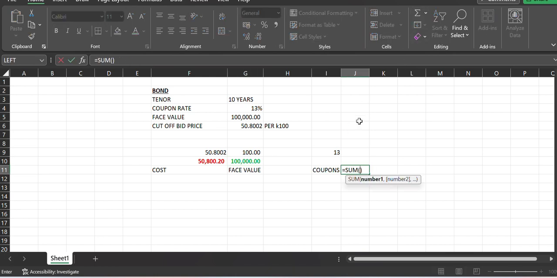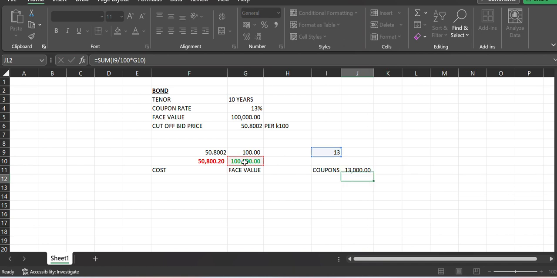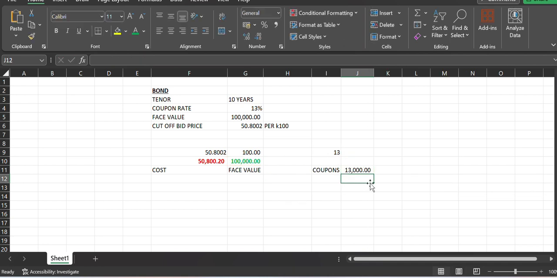Sorry, let's do that again. 13 divided by 100 multiplied by this. So this is per annum. This is per year. Per year you'll be getting a coupon of this much, but it is paid in 6-month installments.